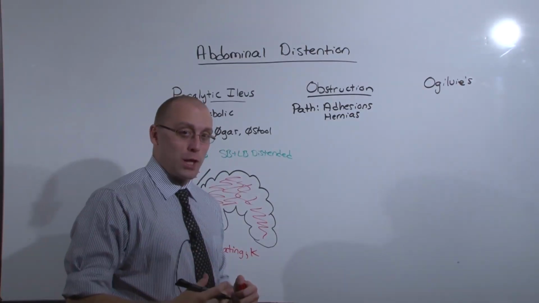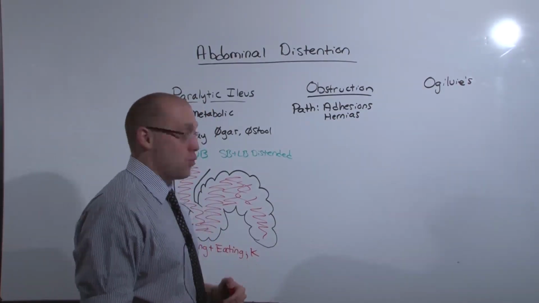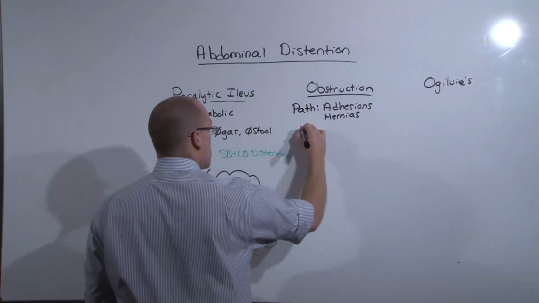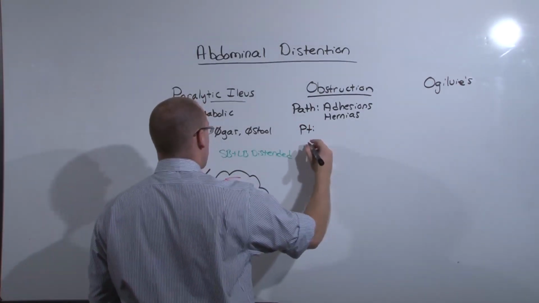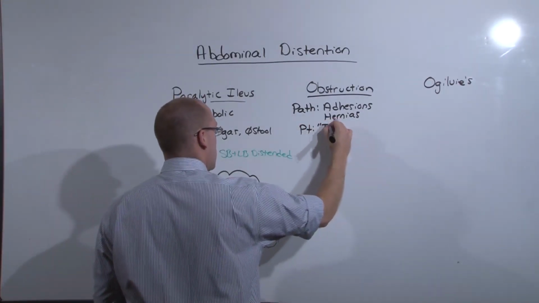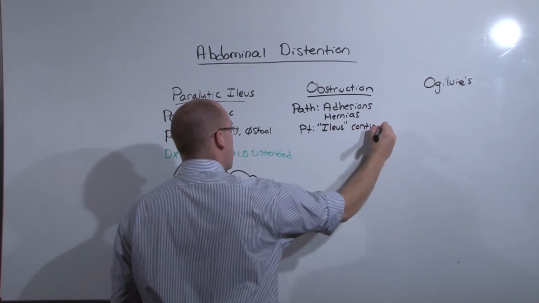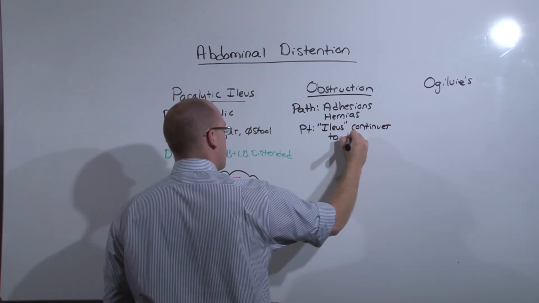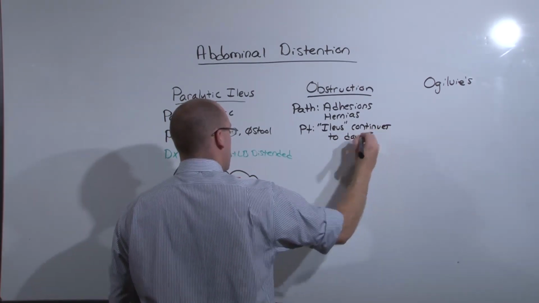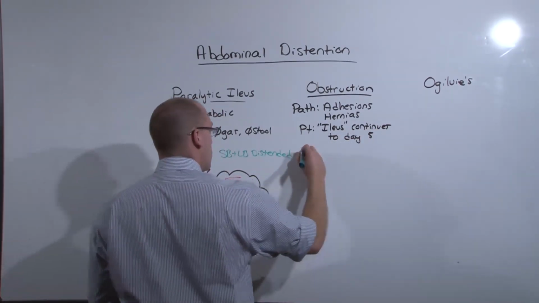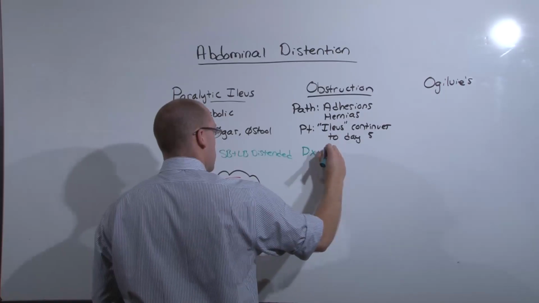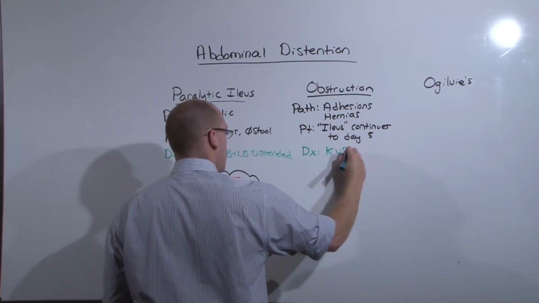The bowel is working, it just can't get anything through the obstruction. So the patient is going to present on your test as that patient with ileus that continues to day 5. You're worried about obstruction, so you're going to assess for the KUB.